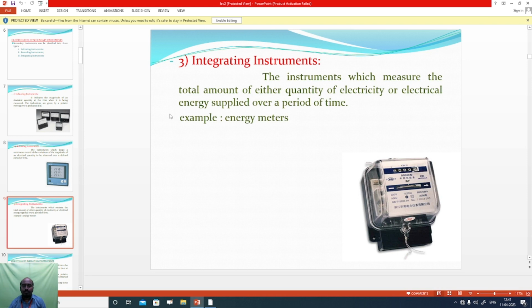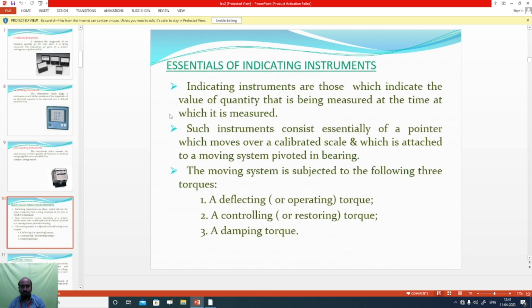It is defined as an instrument which measures the total amount of quantity of electricity or energy supplied over a period of time. For example, the energy meter gives the recording of energy consumed over a particular month or period of time. So we have so far seen the main classifications of instruments.